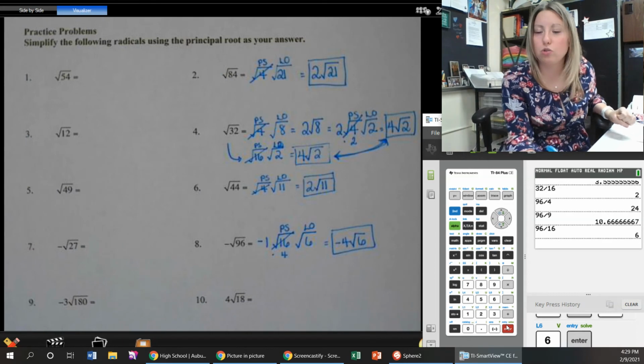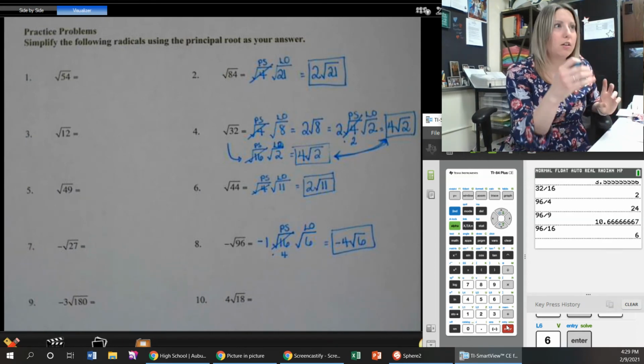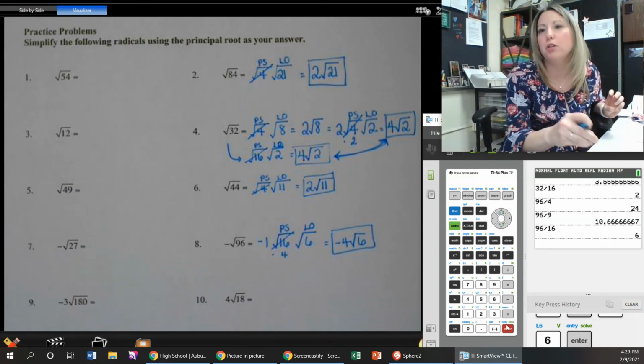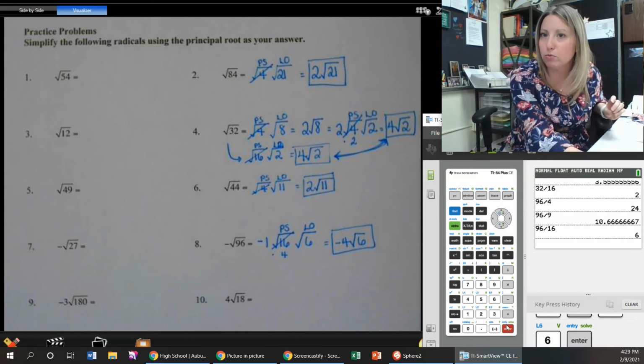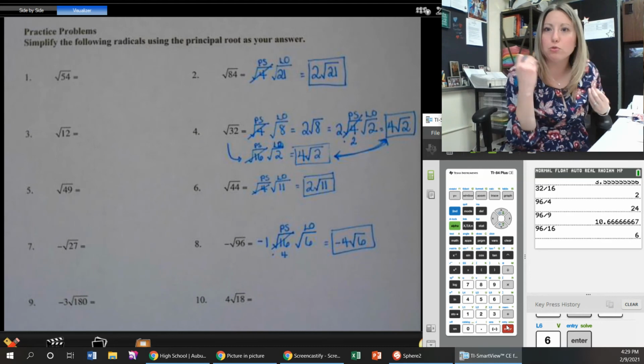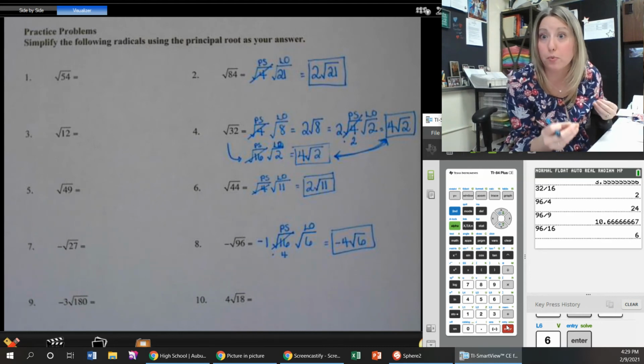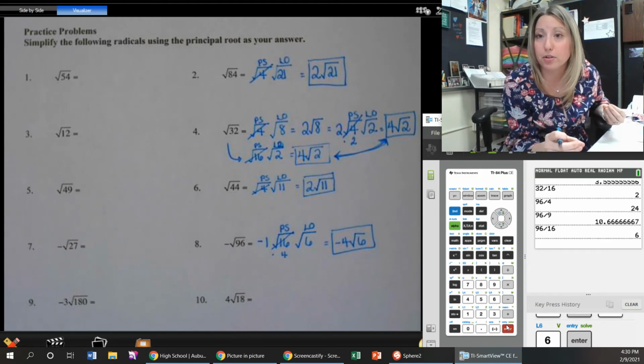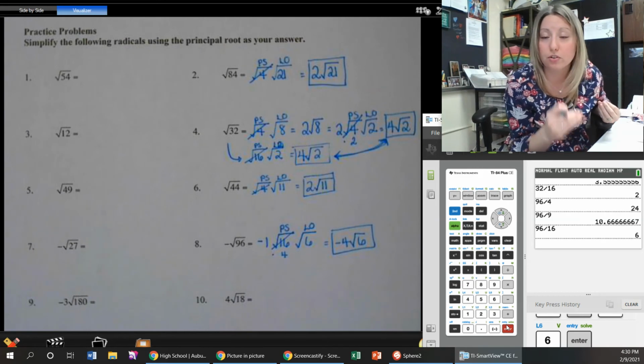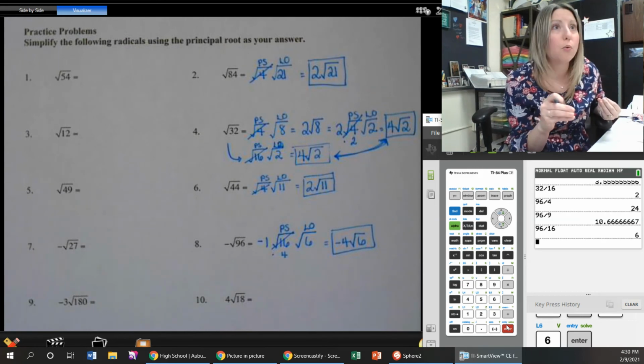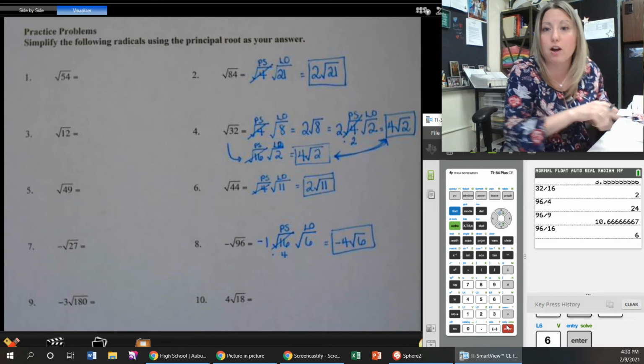Have you practiced that so you are reading these correctly? The radical is an extremely important piece of what you need to be reading because that is a symbol that needs to be a part of how you are processing what we're doing. These are all irrational numbers, okay? These are non-repeating, non-terminating decimals when I actually plug them into the graphing calculator.